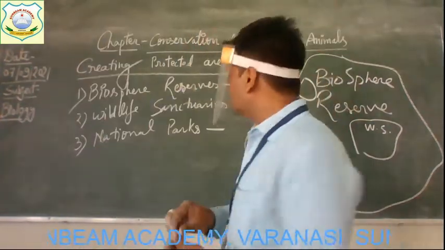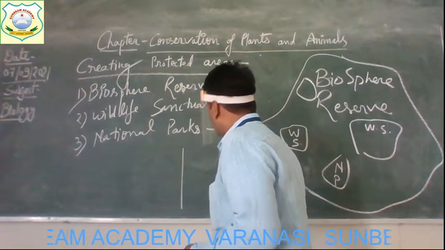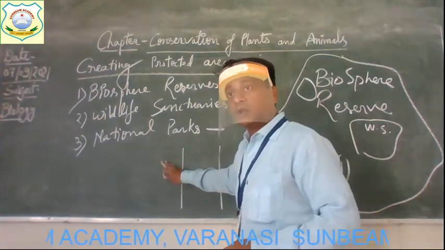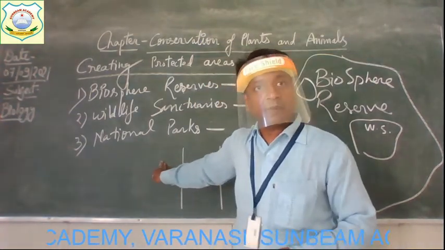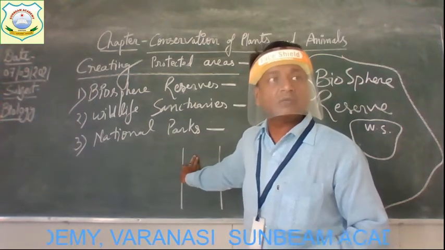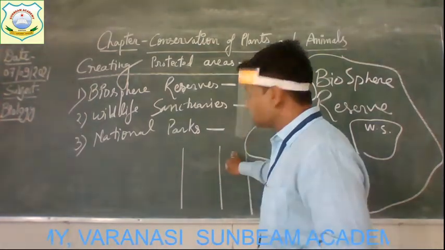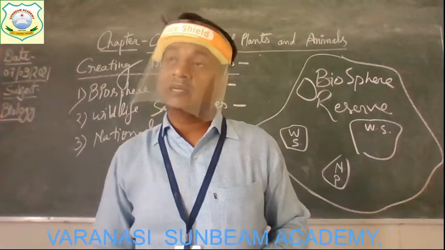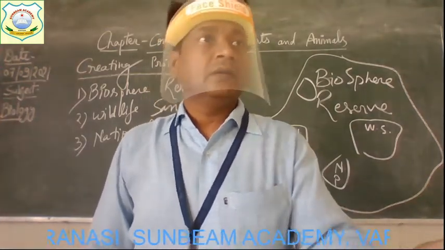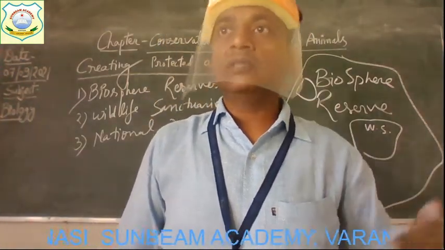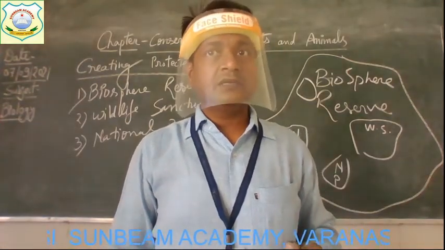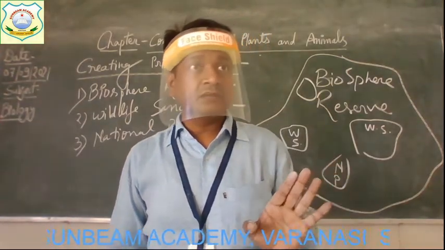First of all, make three columns in your notebook. In the first column, list the national parks. In the second column, list the wildlife sanctuaries. And in the third column, list the bird sanctuaries. So go through the map and list the names. Understood everyone now?